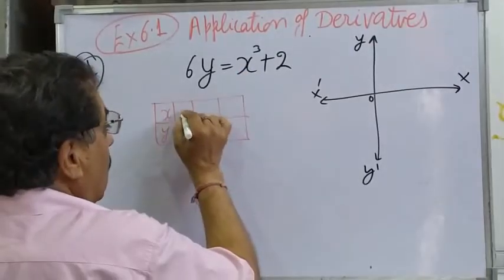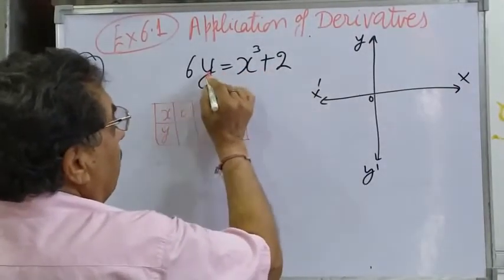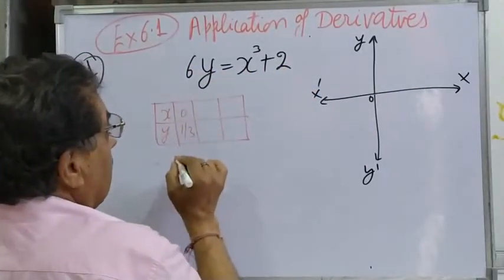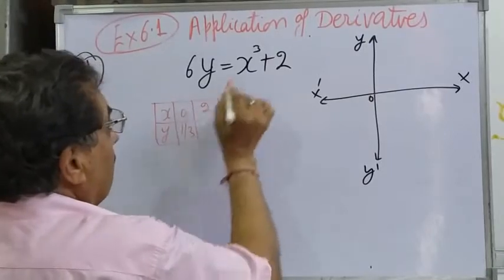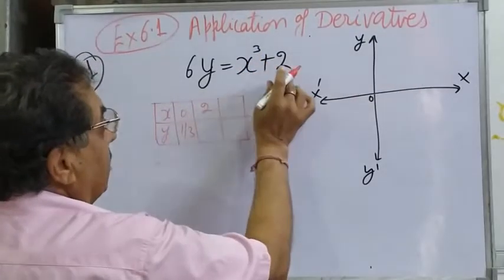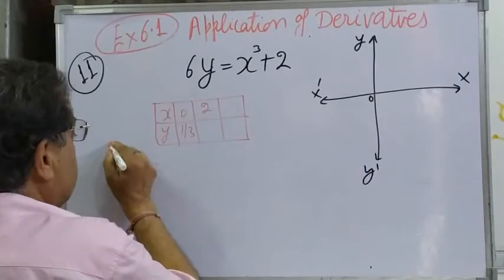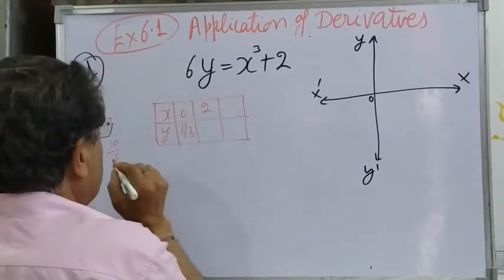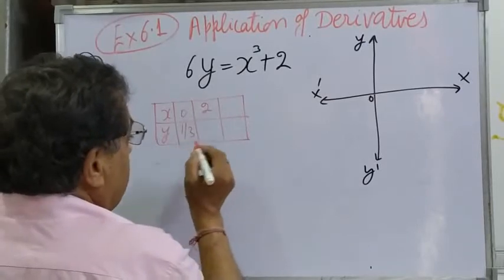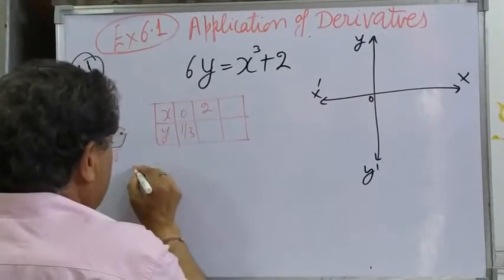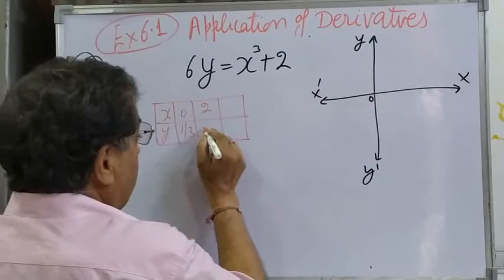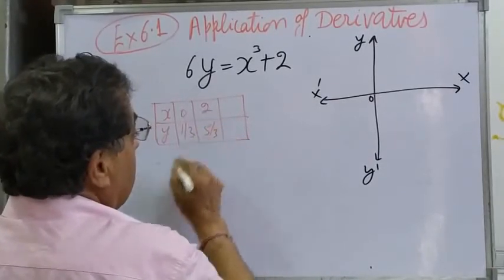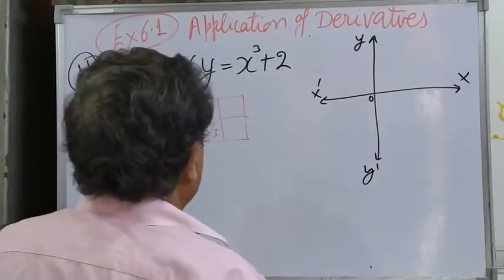Take x as 0, we get 1 by 3. For x as 2, 8 plus 2 is 10, 10 by 6 means 5 by 3, which is 1.6 something.